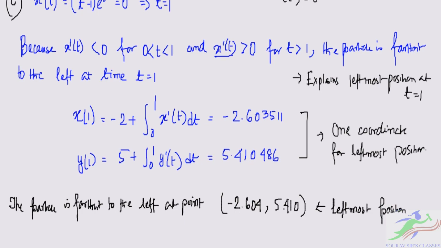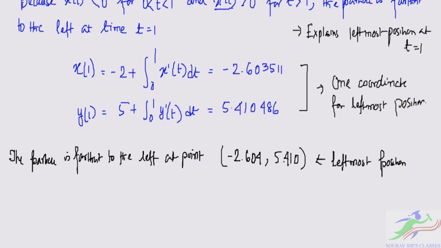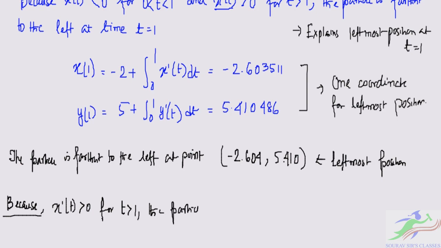Okay, now what is the explanation behind this? We have already found that because x prime t is greater than 0 for t greater than 1, the particle will move to the right for t greater than 1.